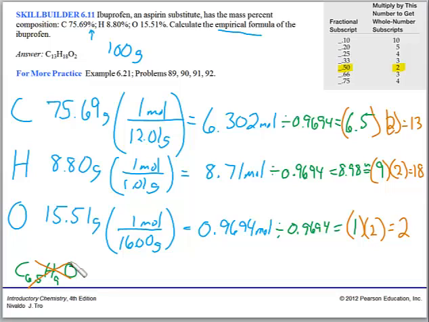That's what's given in the answer to this problem. So what have I done? I've removed my decimal value by performing a mathematical operation to get whole numbers, which is what I want: smallest whole number ratios for ibuprofen.